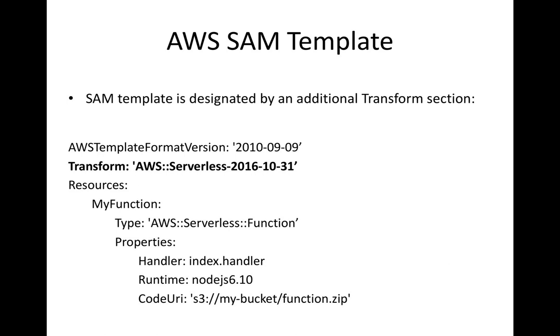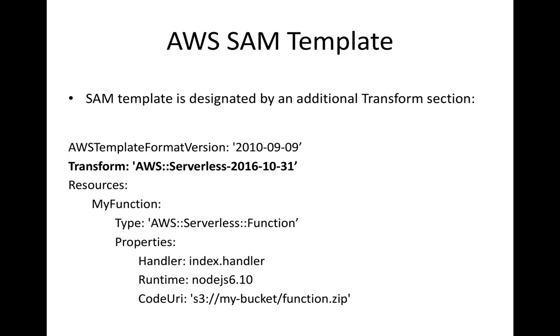So let's take a look at an AWS SAM template. If you look at a SAM template, you know that it has the serverless extensions in place because at the very beginning of the template, it will have a transform attribute. And that transform attribute is set to a version of the serverless template.